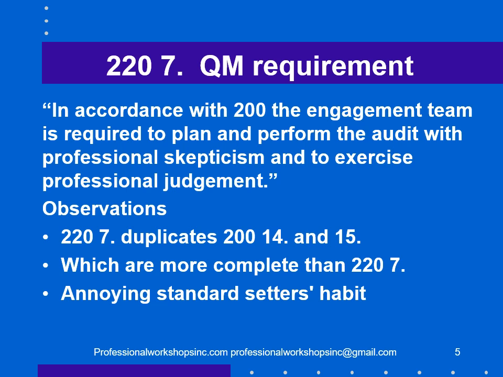So 240 basically repeats 315. This can lead you into some confusion, because if you follow 240 and then you follow 315, you could end up contradicting yourself or duplicating work. So you're probably better off to follow 315 with an eye to what 240 says on fraud.